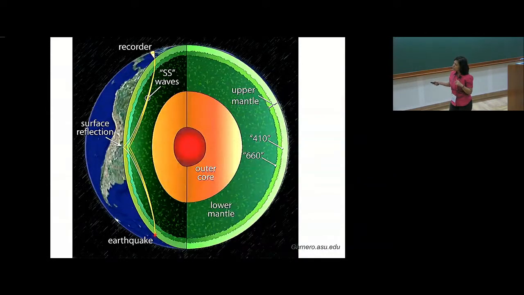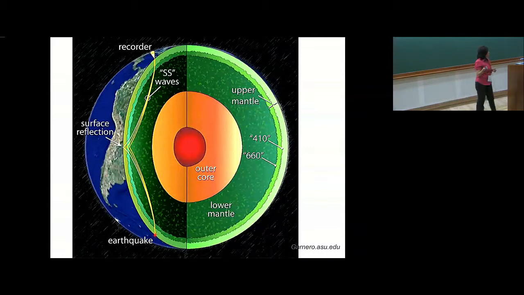As they travel through the Earth, they carry information about the Earth's interior. And these waves get recorded at seismic stations, and these recorders are known as seismometers. We have seismometers all over the world. Once these waves get recorded, we can study them and figure out what's going on inside the Earth.